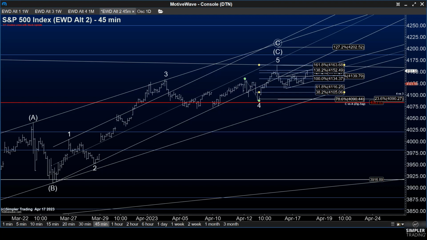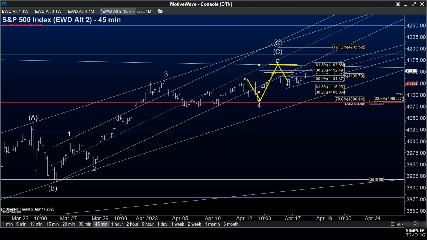Reasonable targets after a pullback are a move back up proportional to that pullback, with a first target at 127.2% and then a second target at 161.8%, which is pretty much right where Friday's high took us before we started to pull back.